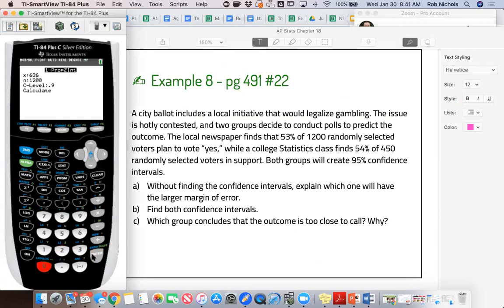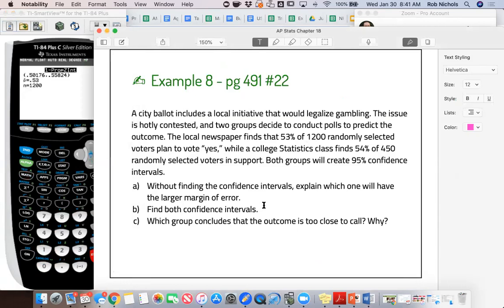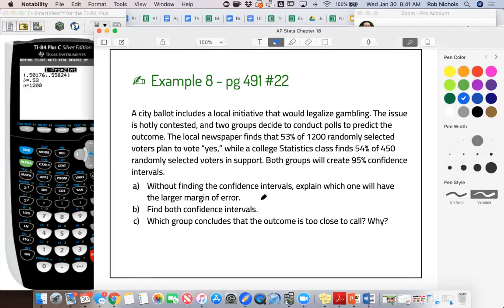This is very important. You have to type in an x, and we want 95%. So the confidence interval for the newspaper is going to be 50.2% to 55.8%.